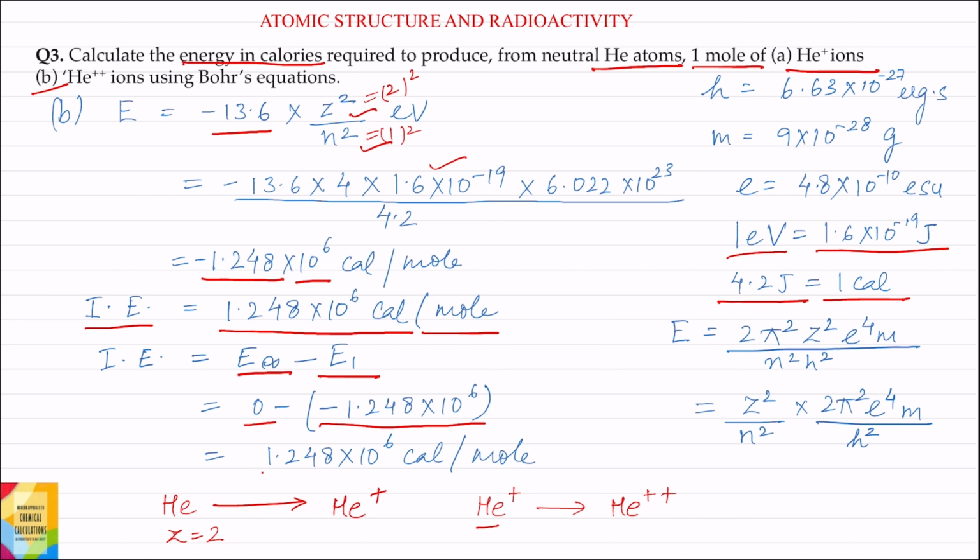So solving this, ionization energy will be equal to 1.248 into 10 to the power 6 calories per mole.